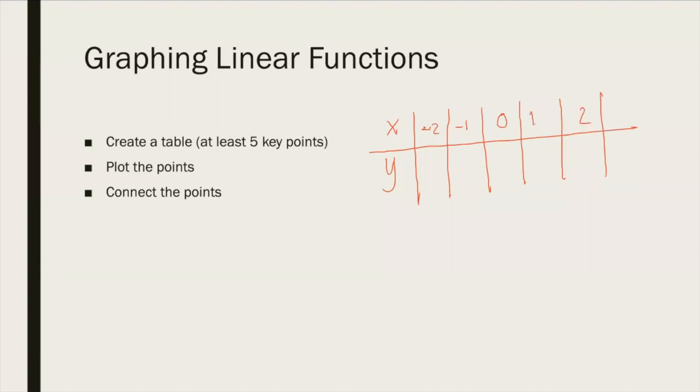And then after you have completed your table, you just have to plot your points in your Cartesian plane and then connect the points because your linear functions when graphed show a straight line.